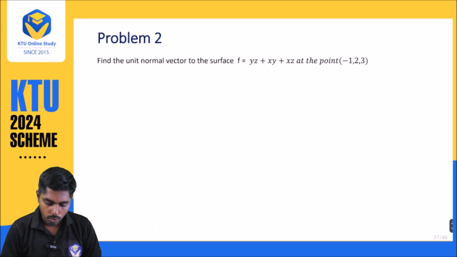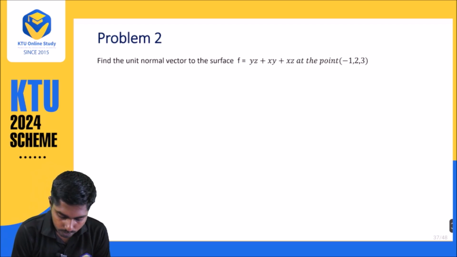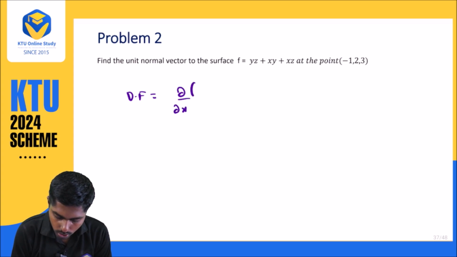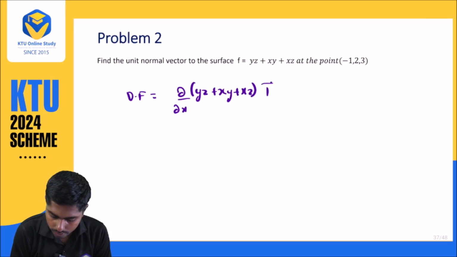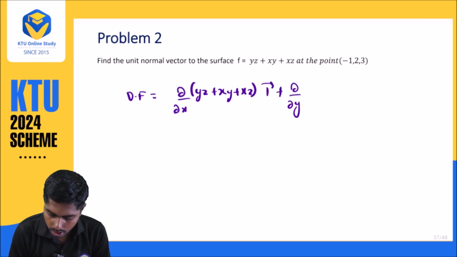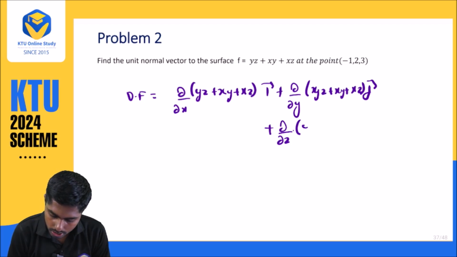So when you are substituting, we will be getting del f is equal to dou by dou x of yz plus xy plus xz i vector plus dou by dou y of yz plus xy plus xz j vector plus dou by dou z of yz plus xy plus xz k vector.